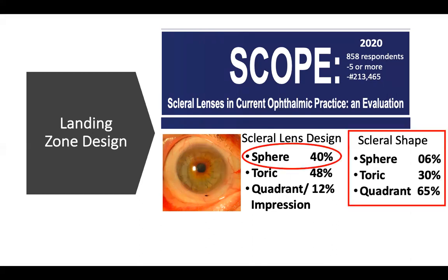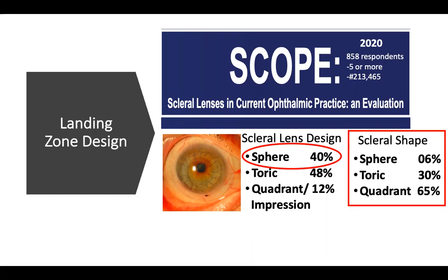And when we compare that to our scleral shape categories, what we see here is that there isn't good correspondence.